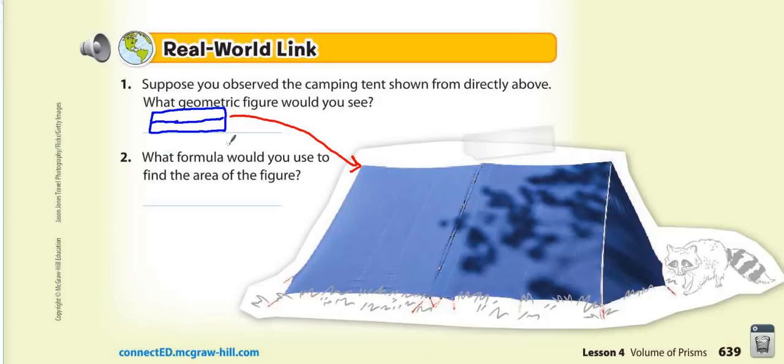What formula would you use to find the area of the figure that you saw? Well, anytime you're finding area of rectangles, you're doing length times width. And as we move further along in math, we get rid of that times sign completely, and we just write it as LW. And we know that if it's LW, it means L times W.